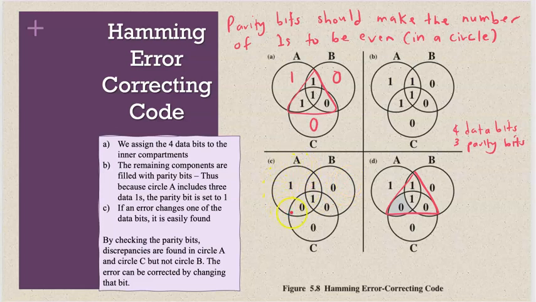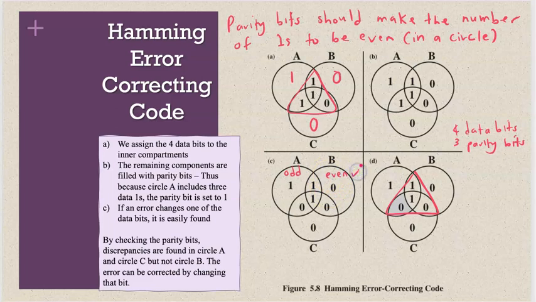So for circle A, I am seeing 1, 1, 0, 1. So this is odd, but I already know that the criteria for my circle should have an even number of ones. So obviously something is wrong in circle A. Now let's check circle B. Circle B has 2 ones, which makes it even.